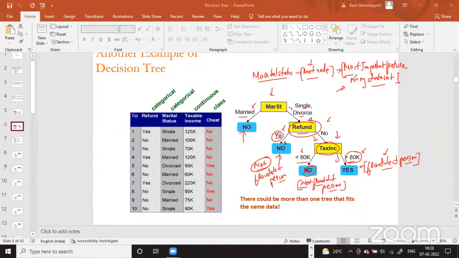Now, clearly you can see that there could be more than one tree which is going to fit our same data. Now, how are we going to identify which of these decision trees is going to give us the best result? How can we find out which of these decision trees is going to give us the best result?